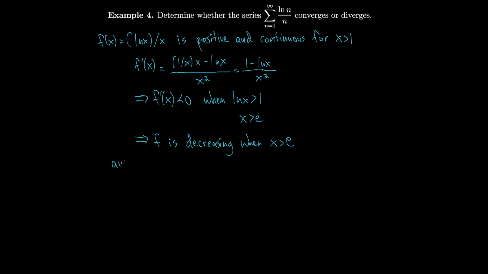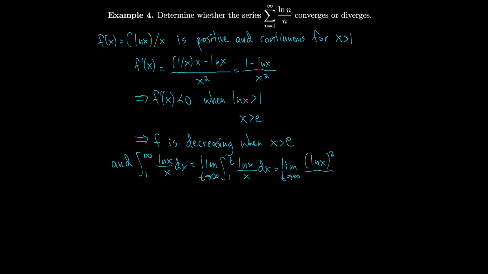So we also have that our integral from 1 to infinity of ln x over x dx is equal to the limit of the integral from 1 to t of ln x over x, and taking the antiderivative we get ln x squared over 2 from 1 to t.